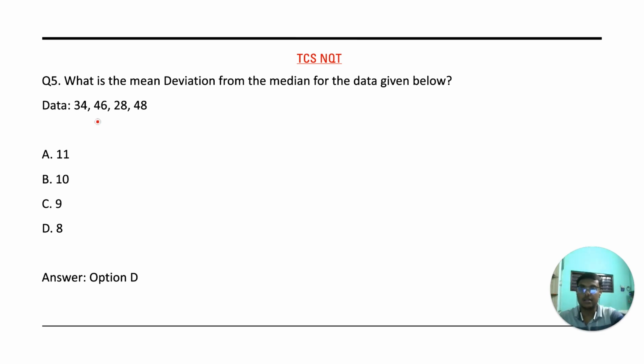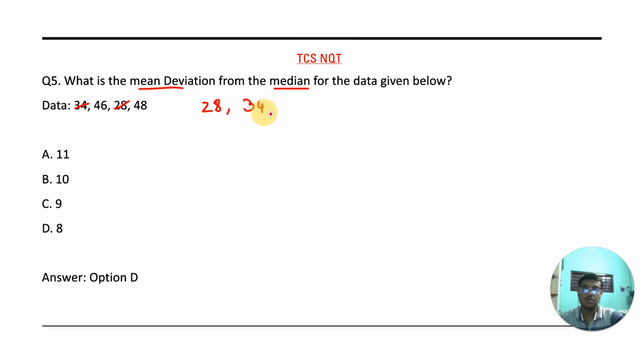So it is another statistics question. Here the question demands what is the mean deviation from the median of the given data below. To find the median, first we need to arrange the data in ascending order.